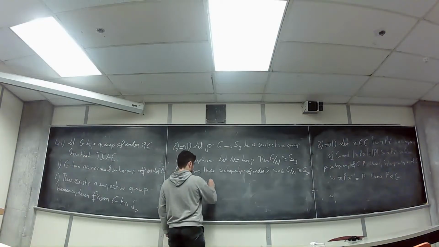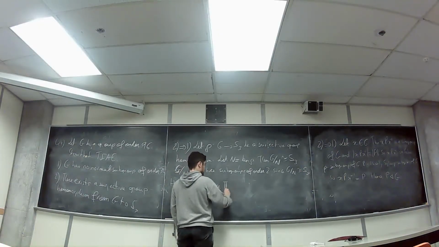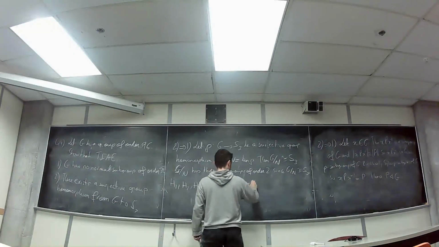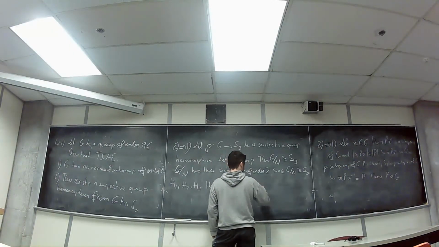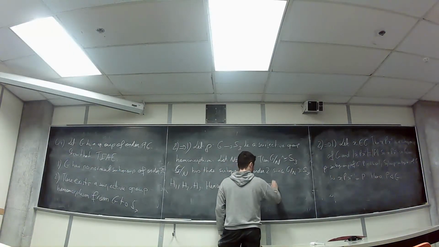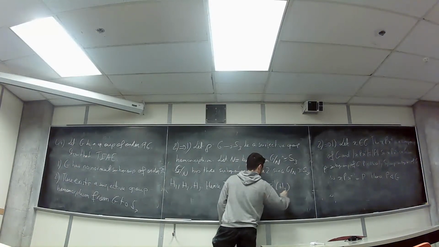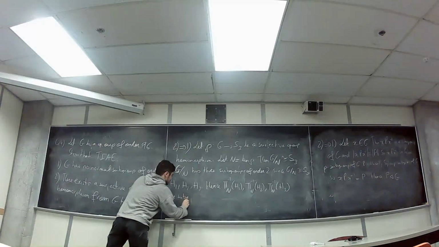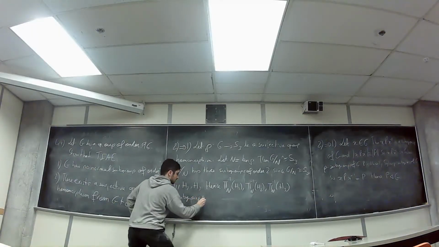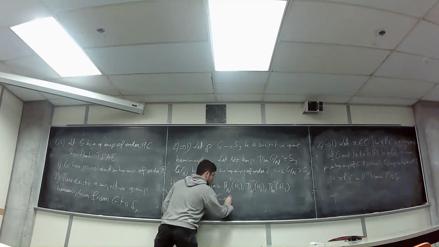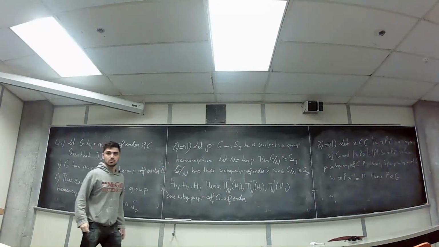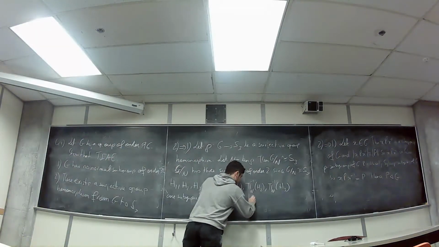Hence, pi n inverse of H1, pi n inverse of H2, pi n inverse of H3 are subgroups of G. What is the order of these subgroups?